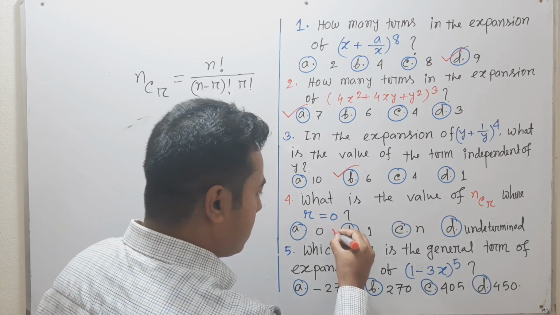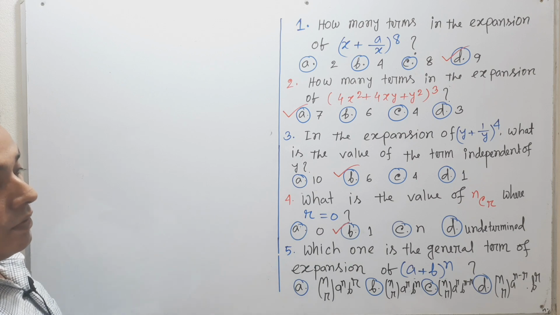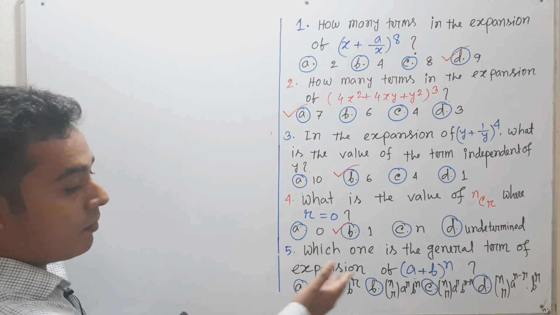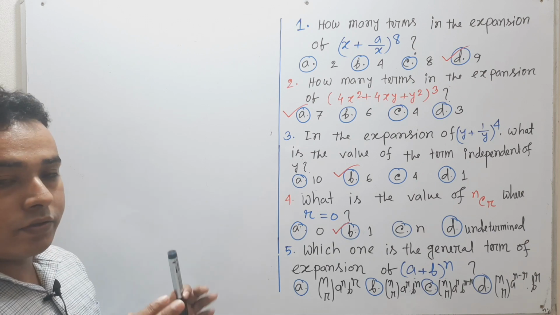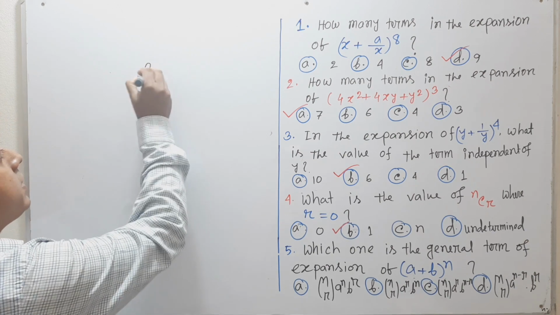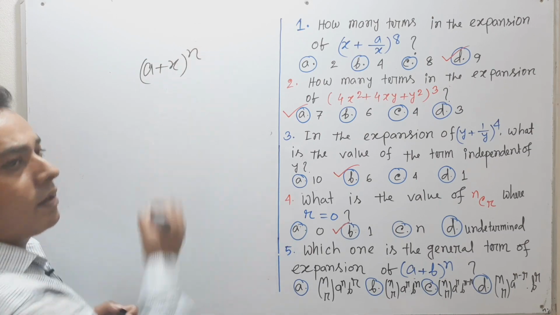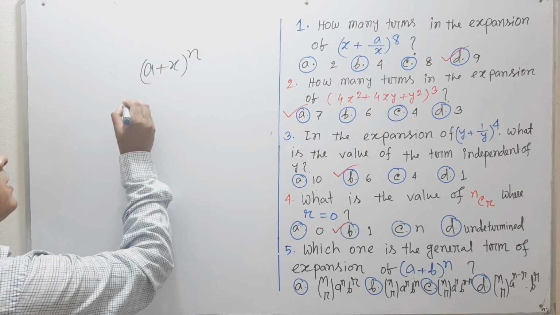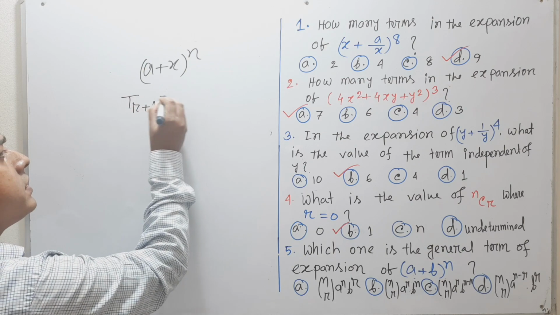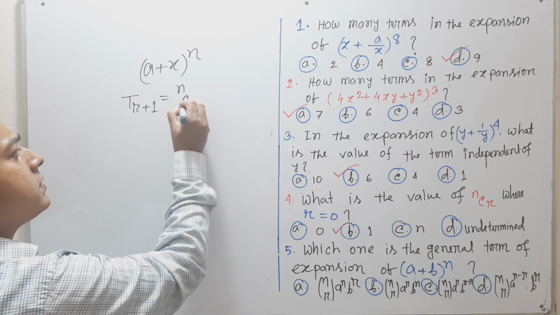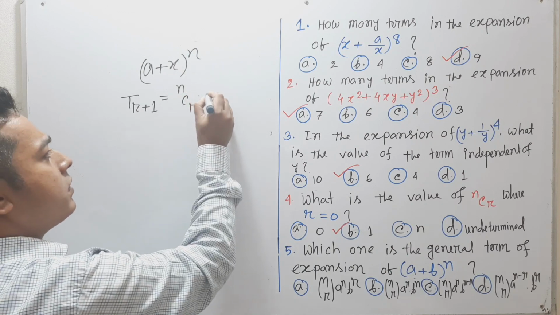Question number 5. Which one is the general term of (a plus b) whole to the power n? So dear students, we know that if (a plus x) is our binomial term, then the general term T(r plus 1) is nCr into a to the power n minus r and x to the power r.